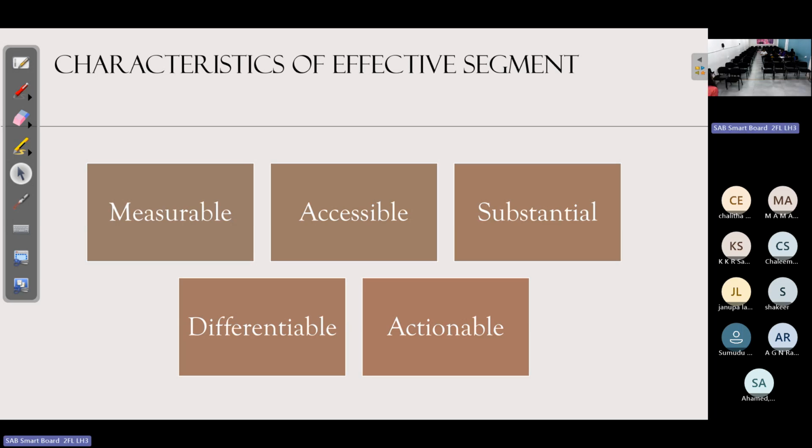Means ability to distribute products and reach customers.